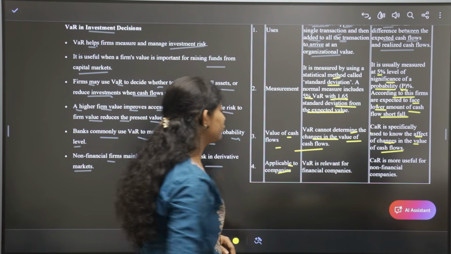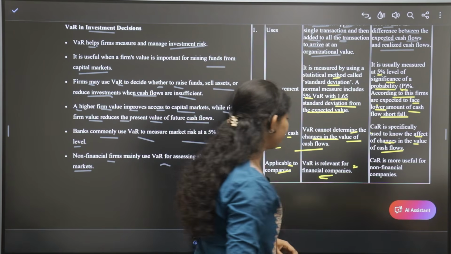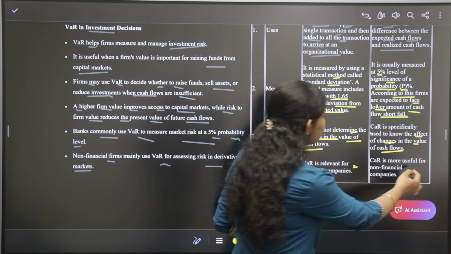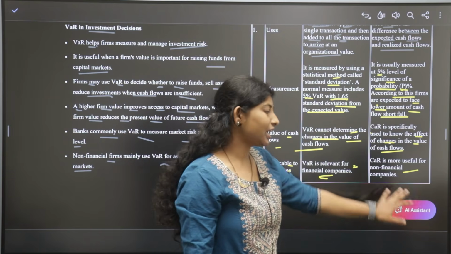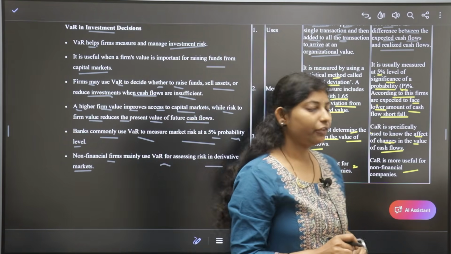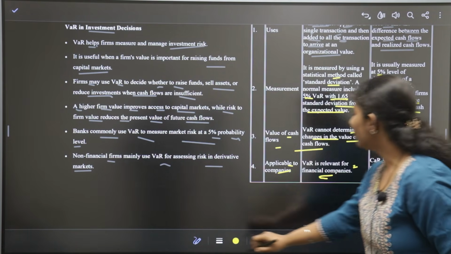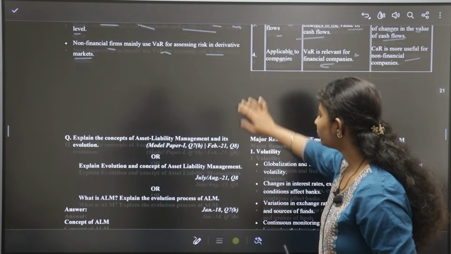Applied to companies: VaR is relevant for financial companies like banks. CaR is useful for non-financial companies like businesses and other industry companies. So these are the differences; we covered VaR and CaR overall.